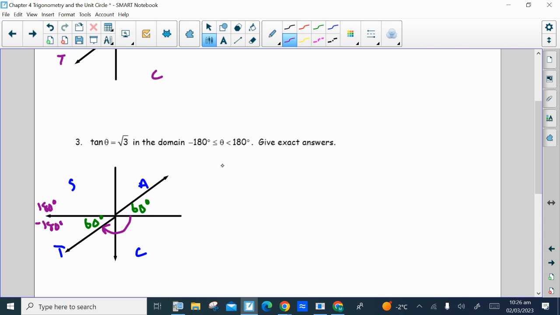Another way of looking at it, if you start at negative 180 and then you go counterclockwise to the terminal arm, you're going to add 60. So there's another way that we get that answer of negative 120 degrees. So that would be the angle in quadrant 3. We also have the answer in quadrant 1, which is just 60 degrees. That's that angle there.